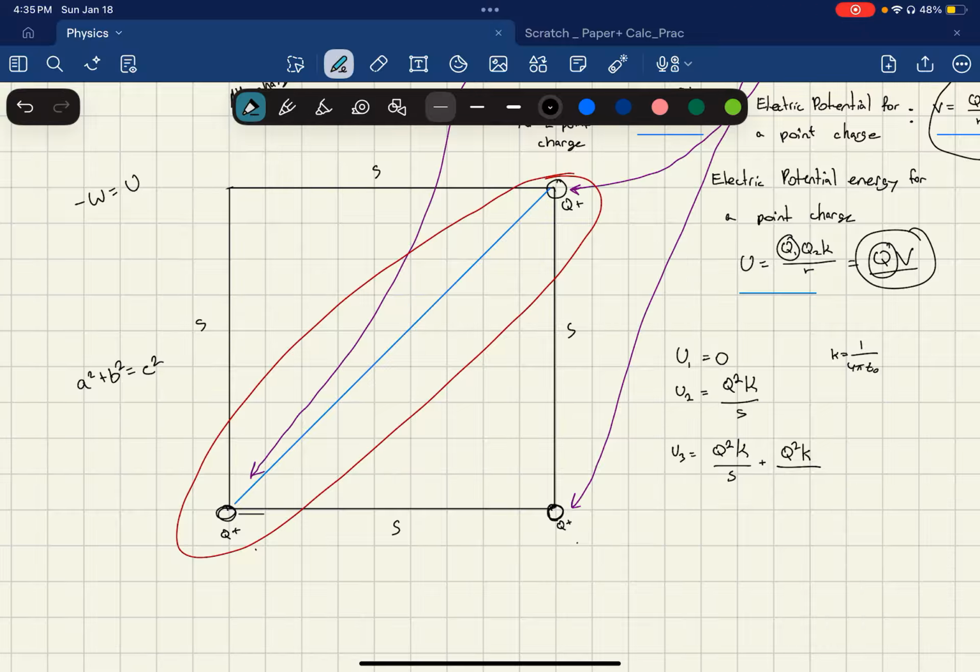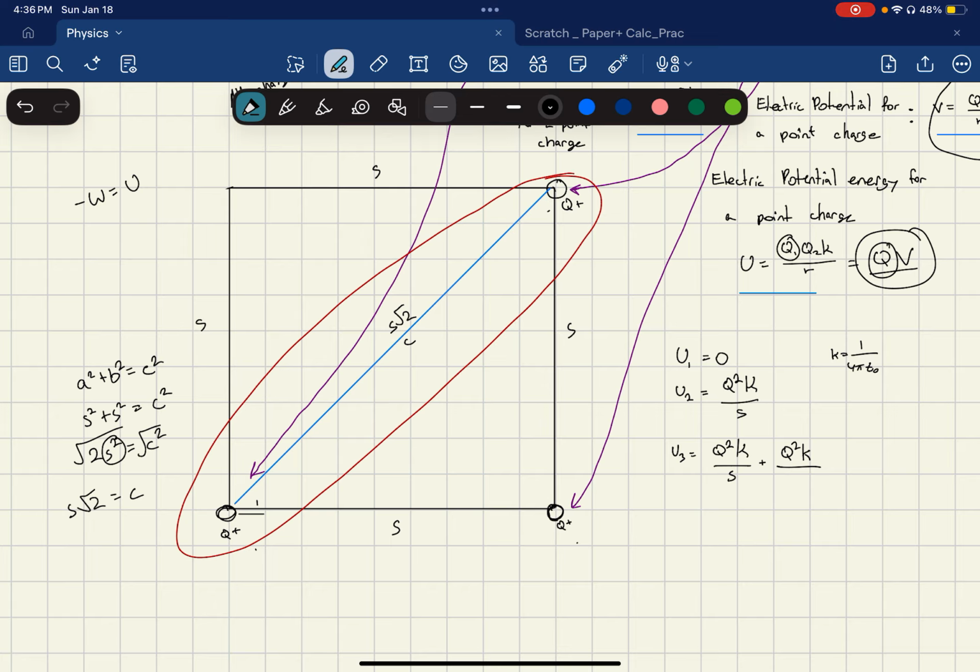So s squared plus s squared is equal to c squared, which is 2s squared equal to c squared. I take the square root of both sides to get c, and I get s root 2 equal to c. So the distance between these two charged particles is going to be s root 2.